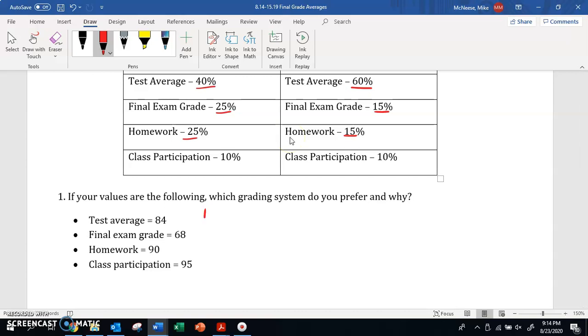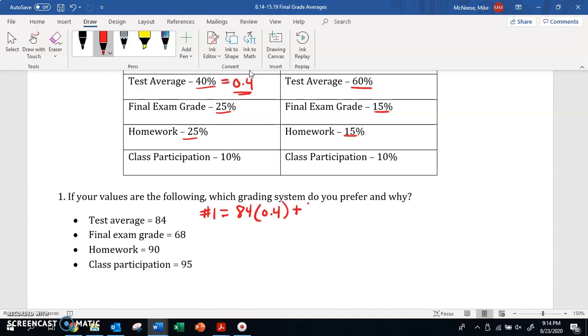So in system number 1, we have 84 as test average, which is 40% of our grade. Now 40% as a decimal is 0.4. When we're doing the system, we're going to be using the decimal version of each of these percentages. So we multiply 84 by 0.4.